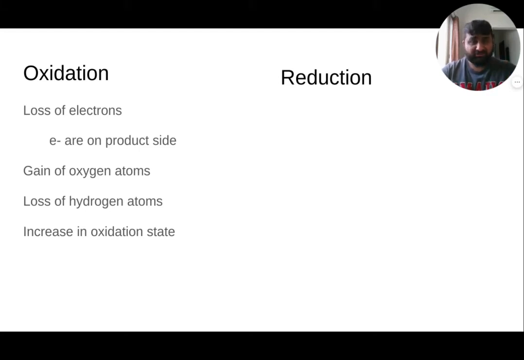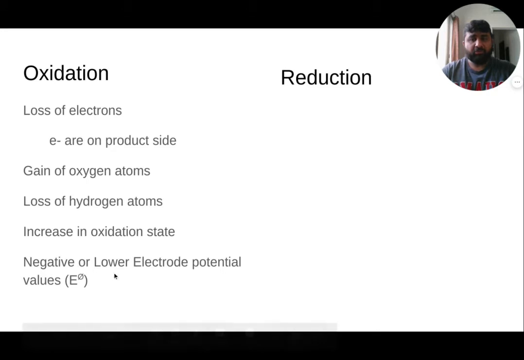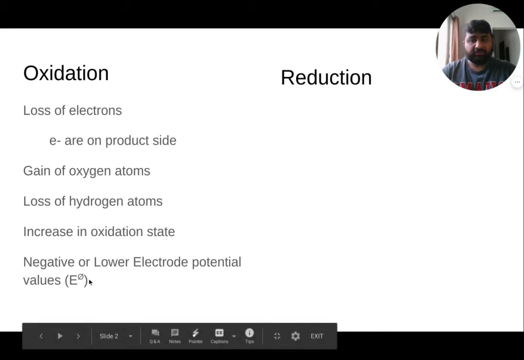There's a fifth definition which is specifically linked with this unit. We have one specific value which will tell you whether oxidation or reduction is happening. We call it electrode potential values. If you get a negative electrode potential value or lower E value, we can say oxidation is happening.